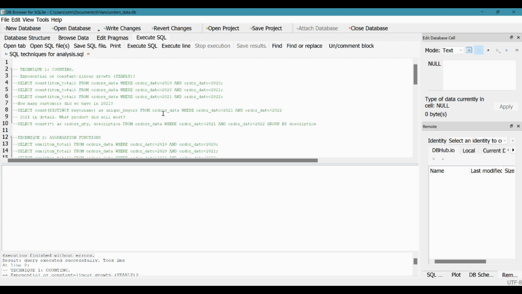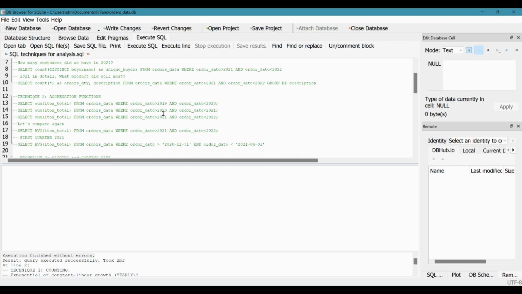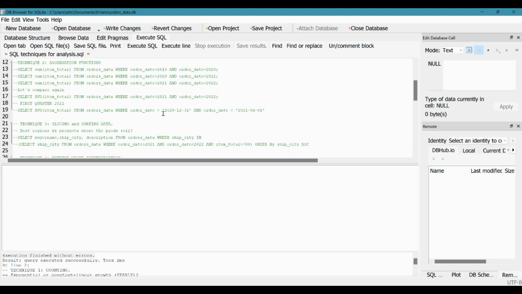I can tell you that with these fundamental techniques, because this is just the fundamentals, you can do many good things for your business.